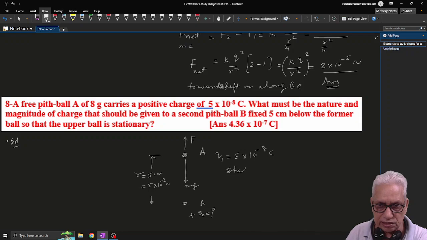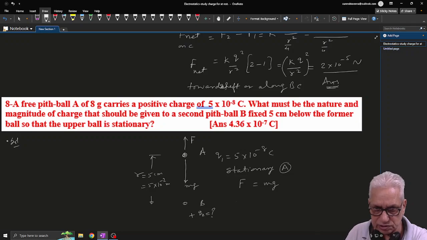For stationary charge A, the force upward should be equal to mg downward. If we calculate the force, K means 9 into 10 to the power 9, Q1 means 5 into 10 to the power minus 8, and we do not know the unknown quantity Q2, upon 5 centimeter, 5 into 10 to the power minus 2 meter square.